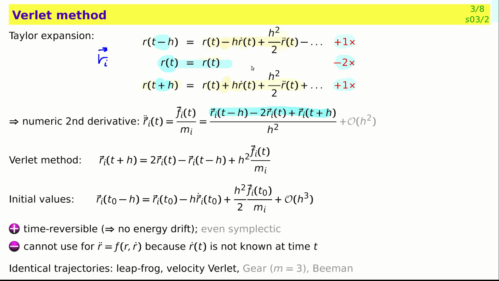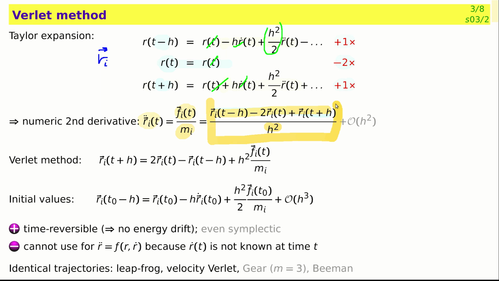And if I do this, all these terms cancel out, and what's left here is twice this term. So the result is the second derivative, which I know equals force divided by the mass, and it is given by this formula.